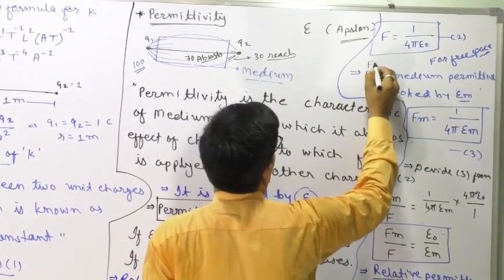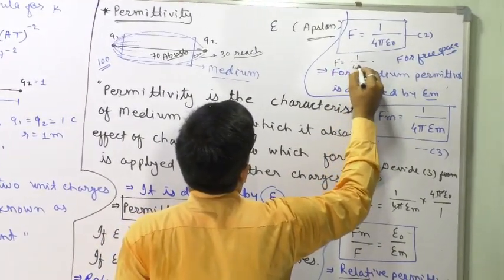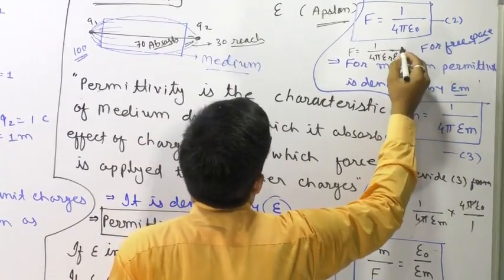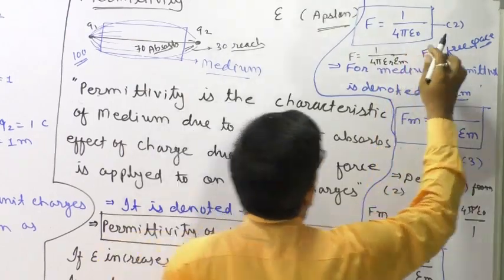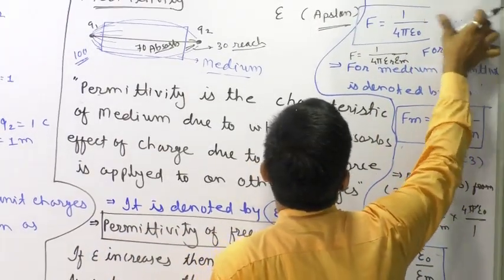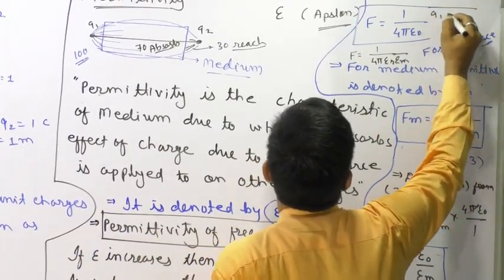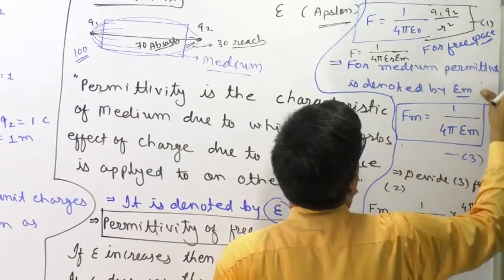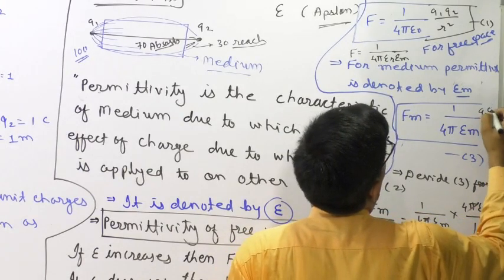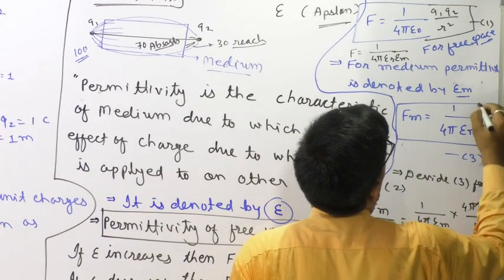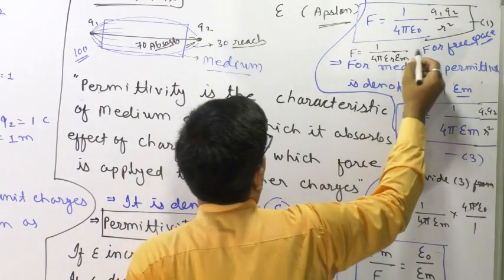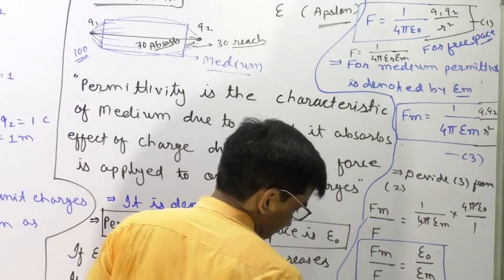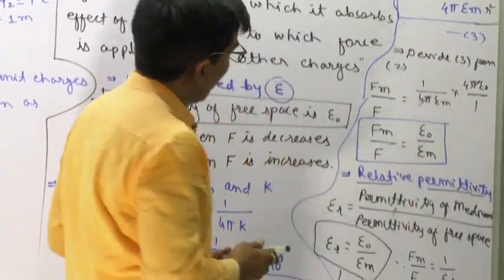So we can write F is equal to 1 upon 4 pi epsilon r epsilon naught, okay, we have not completed this equation, q1 q2 upon r square. This will be the complete equation. Here it will also be q1 q2 upon r square. So the permittivity of the medium is denoted here by epsilon r into epsilon naught.